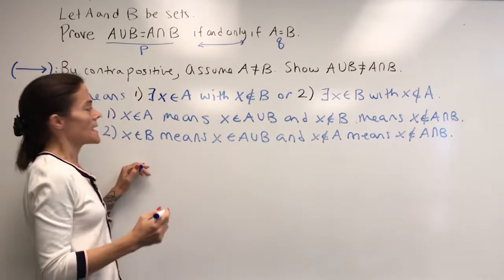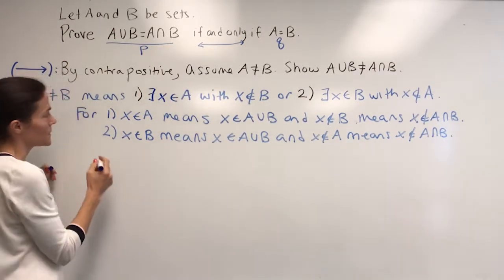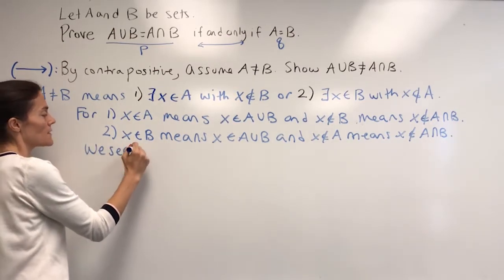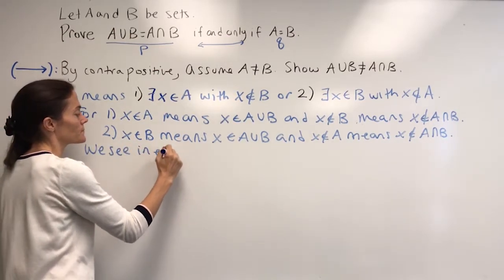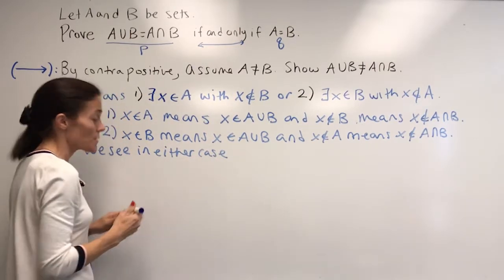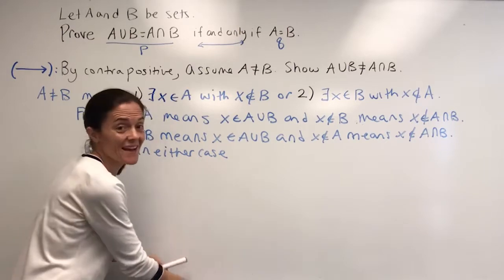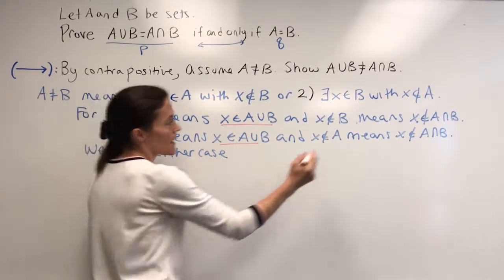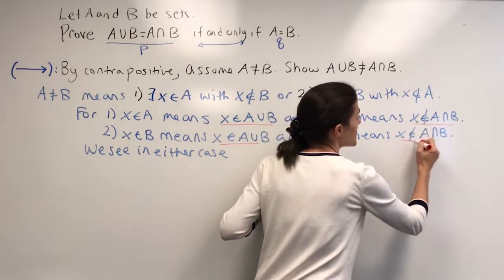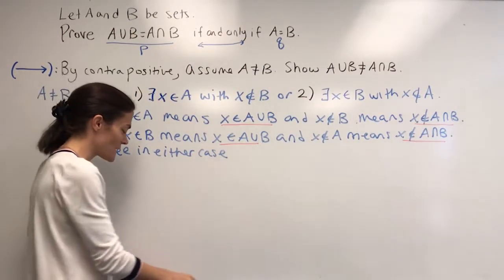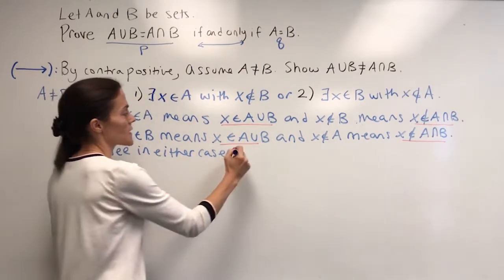So in either case, and the argument was very similar, we have an element in the union, and that element is not in the intersection, so therefore, the union is not equal to the intersection.